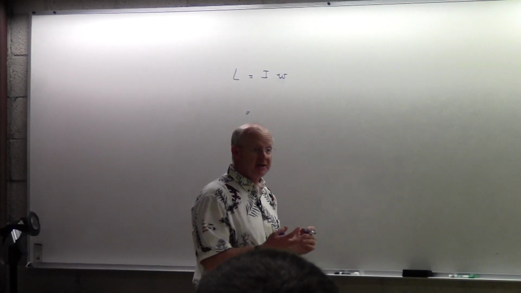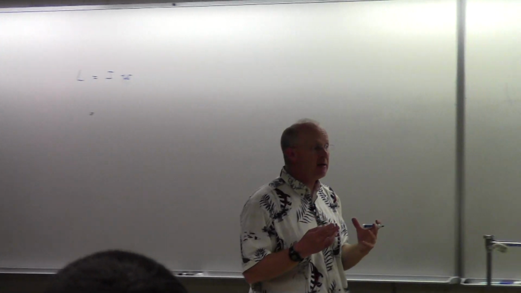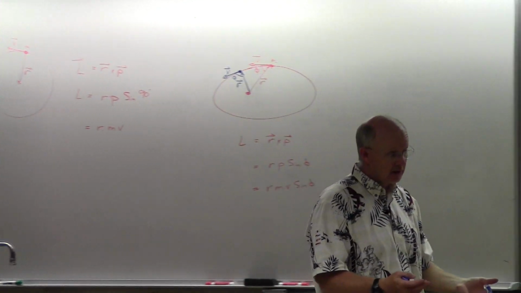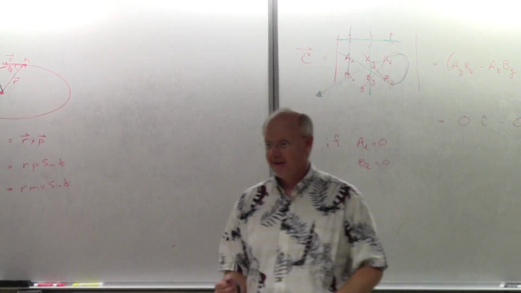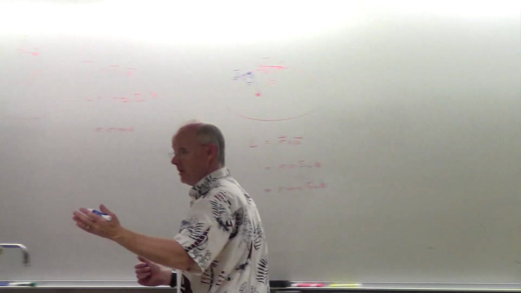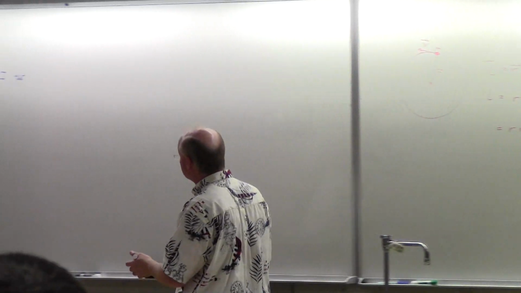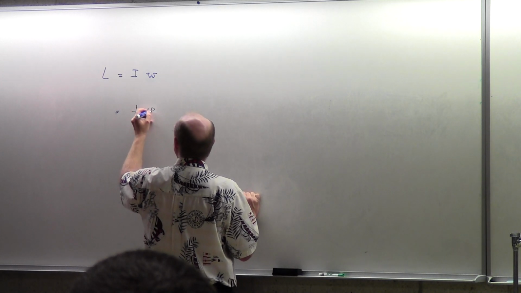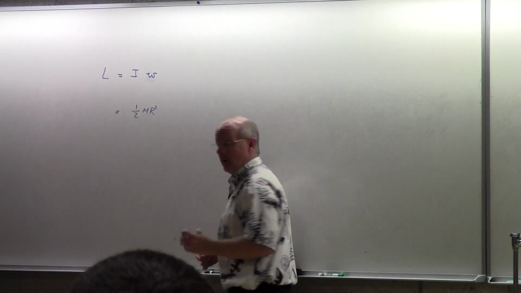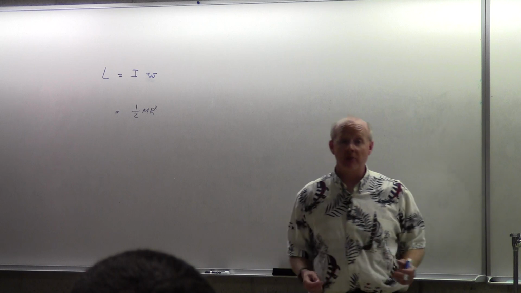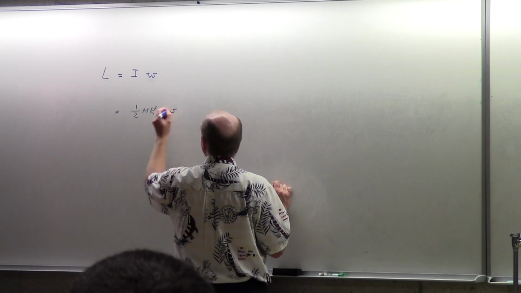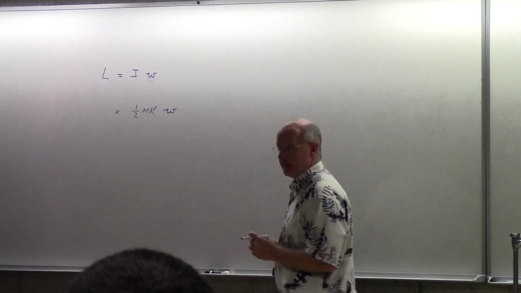And then I would pause and say, well, how do I calculate the I then of a disk? Answer? Yeah, and so we work this one out. It comes out to be 1/2 mr squared, where m is the mass of the disk and r is the radius of the disk. And then times the angular speed.